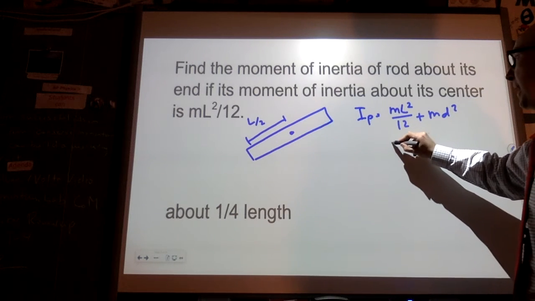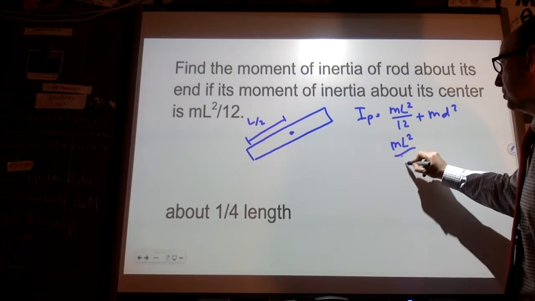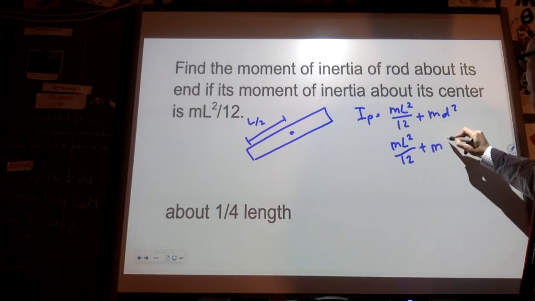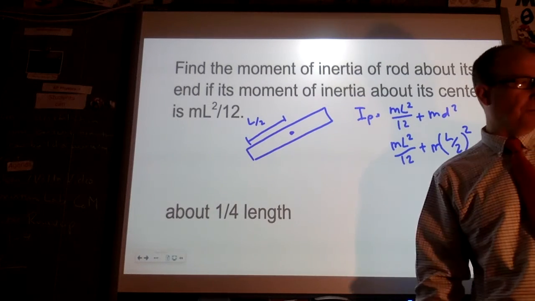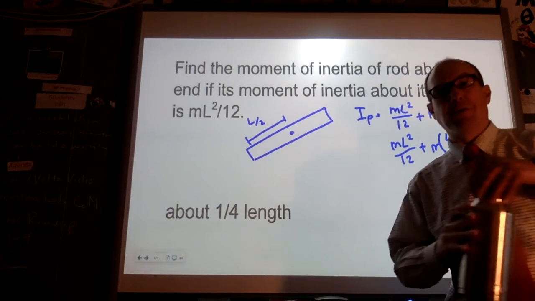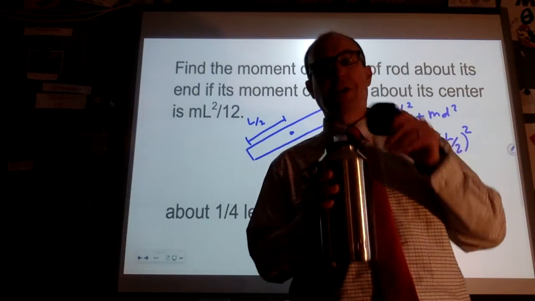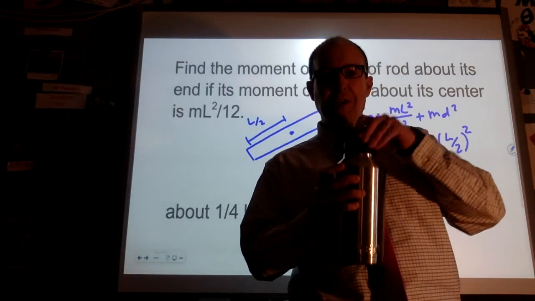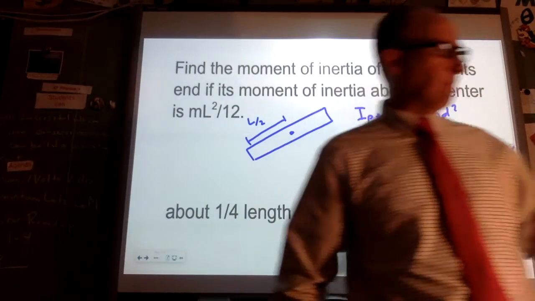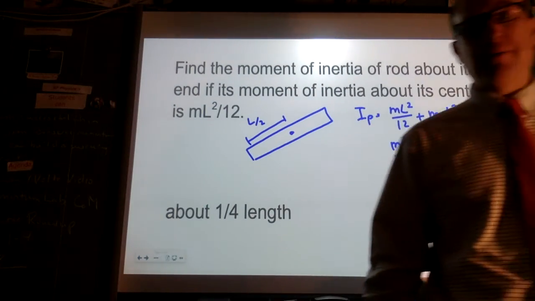So d is going to be L over 2. So I have ml squared over 12 plus m L over 2 squared. And this shows up a lot in multiple choice. They'll have you do it with the rod and have you switch it. And I should note there is a perpendicular axis theorem that we're not responsible for.